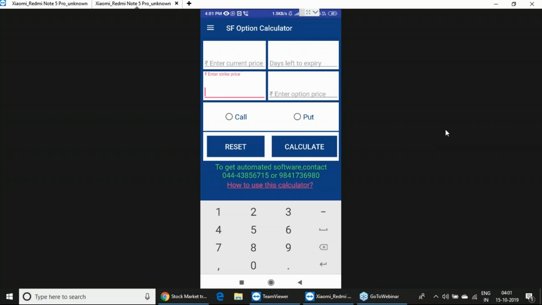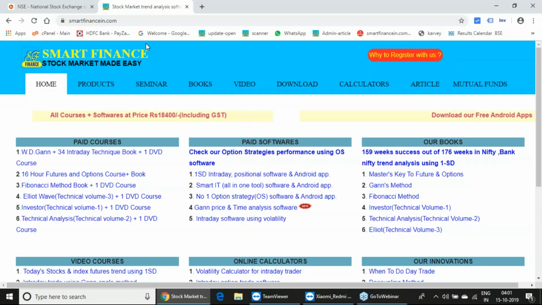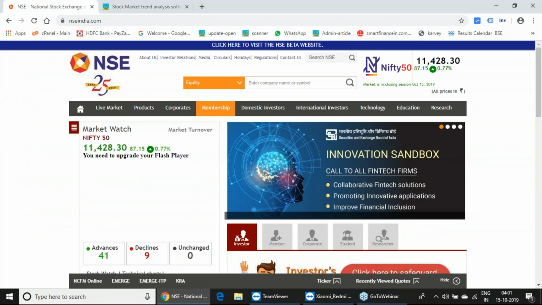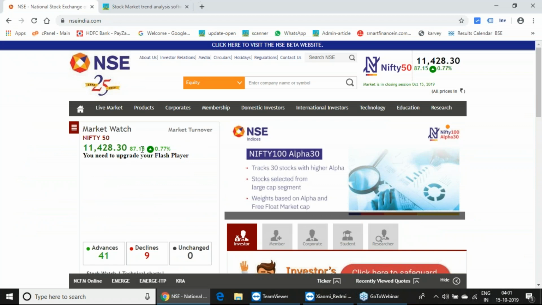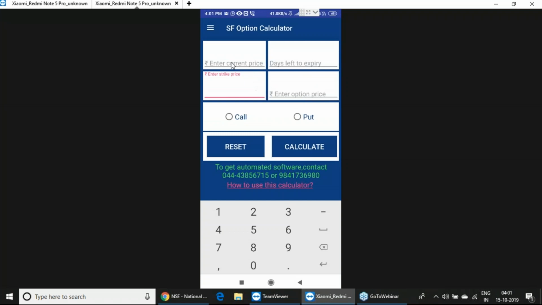So now moving to this particular tool's utility. If you go to the NSE site, you will get the Nifty spot price and future price. And if you go to this calculator, it is asking you 4 inputs. Enter current price, that is the underlying asset price. If you are going to trade in Nifty options, you have to put the Nifty price here.